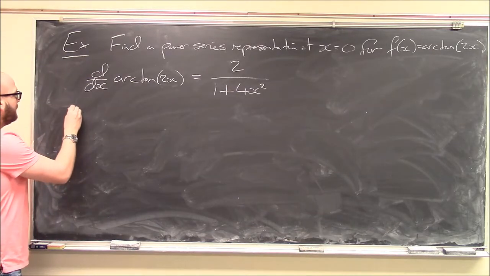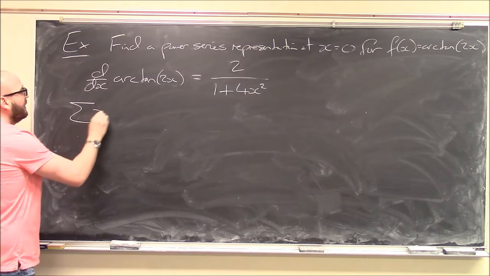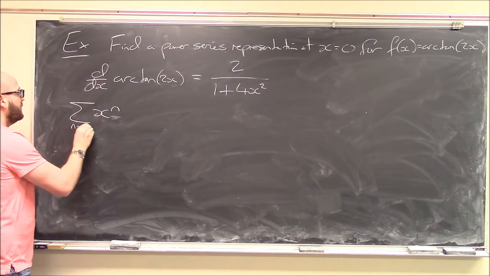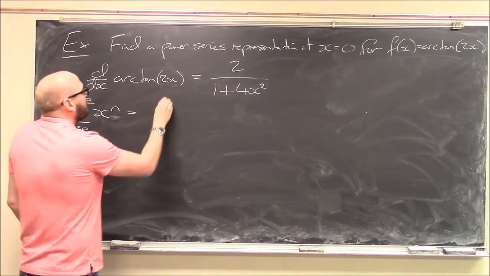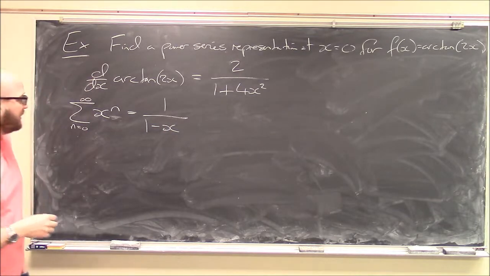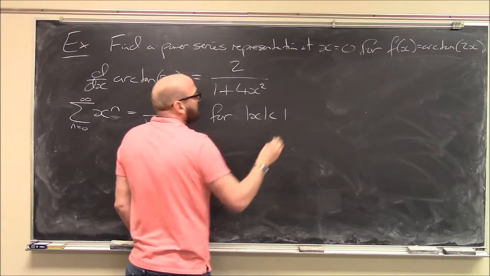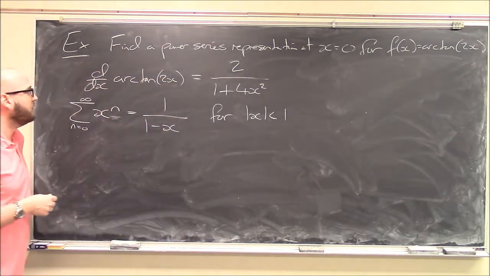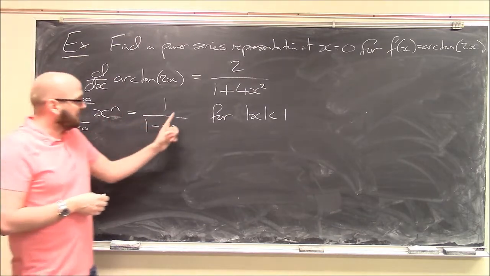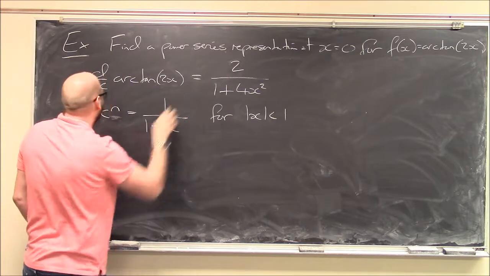So let's see, we've got the sum of x to the n, n equals 0 to infinity. That's 1 over 1 minus x, right? Not for all values of x, just for absolute value of x less than 1. What I'm going to do is multiply by 2. So next step, I want to manipulate this to look like this.